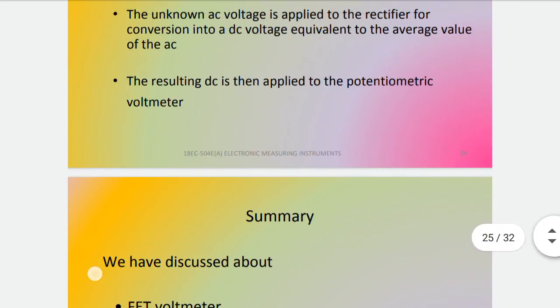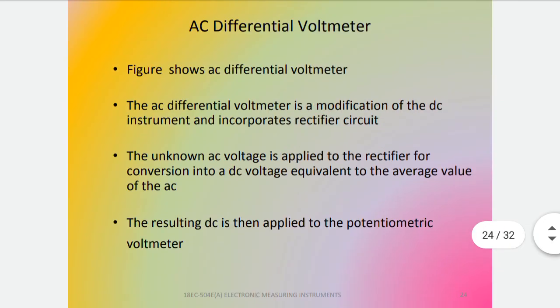Now let us briefly discuss the working action of the potentiometric or differential voltmeter. In this method, the potentiometer is varied until the voltage across it equals the unknown voltage. The equality condition is indicated by the null detector.